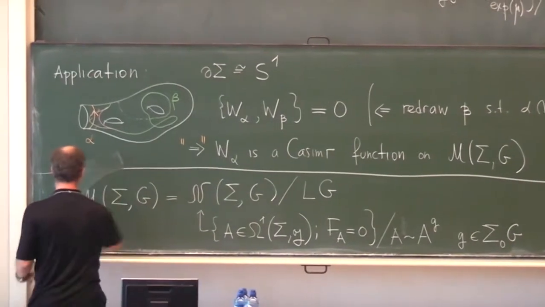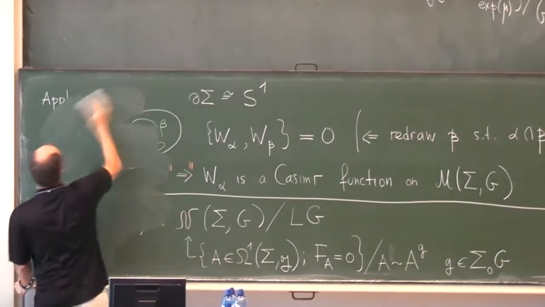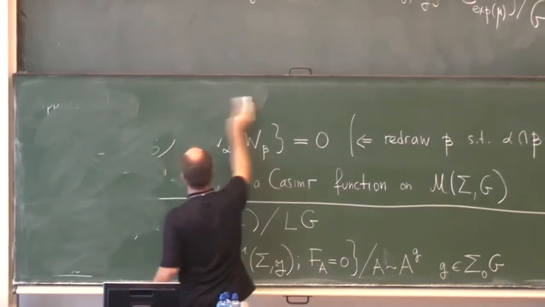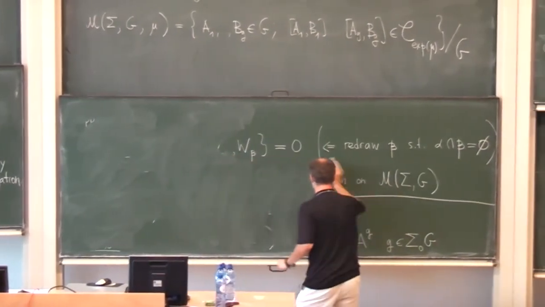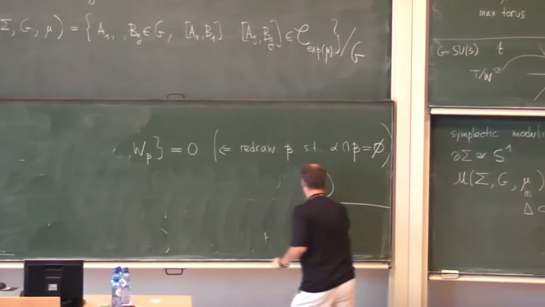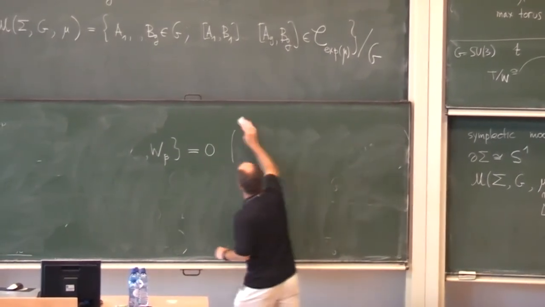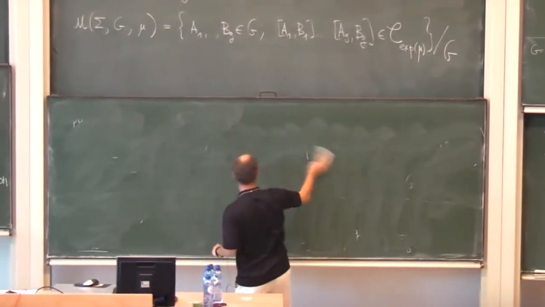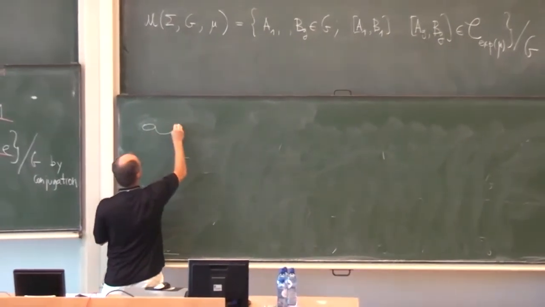Well, maybe the last example, and then we discuss a little bit the properties of those symplectic and Poisson spaces. So the last example, let me take a sphere, so genus 0, with many boundary components.